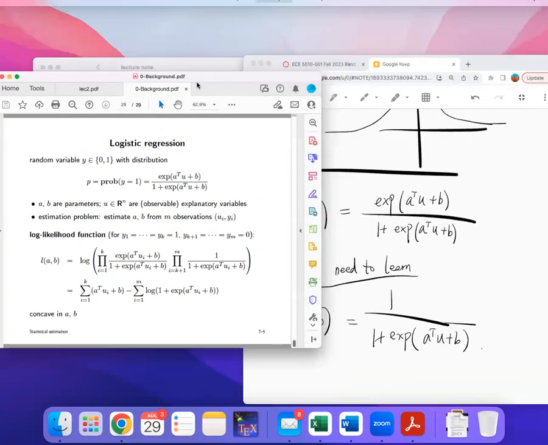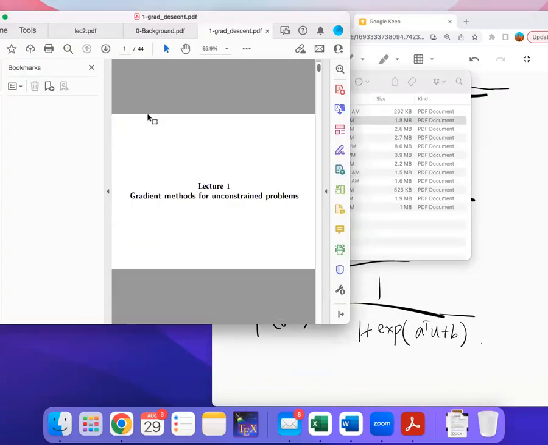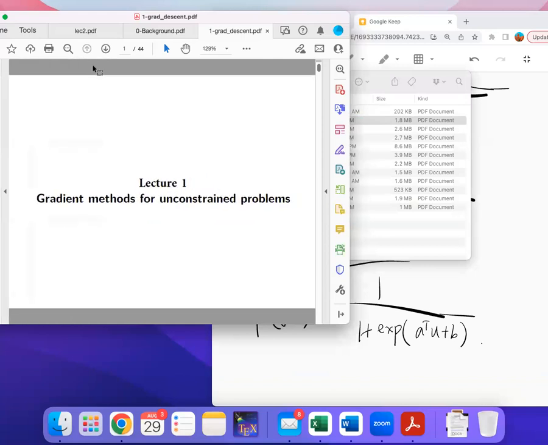Okay. So this is lecture 0, and today we will start from lecture 1. Start to talk about algorithms for solving different types of problems.